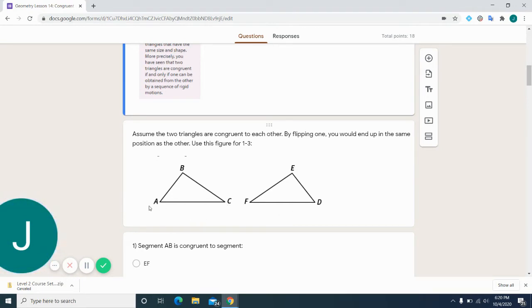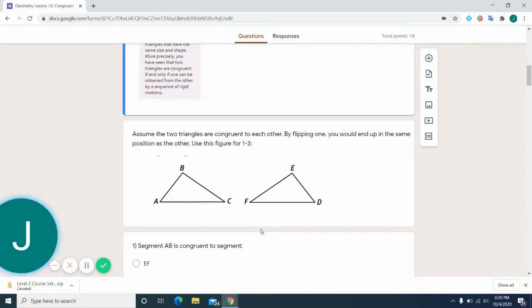You have to ask yourself: A is the corner at the bottom of the short end. So where's the corner at the bottom of the short end over here? That would be D. So A is the same as D. And F is the corner at the long end, and so is C. So you'd say AC is the same as DF. So you have to look at it when it's flipped.